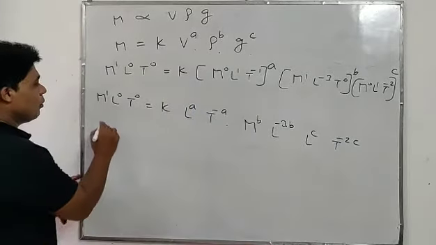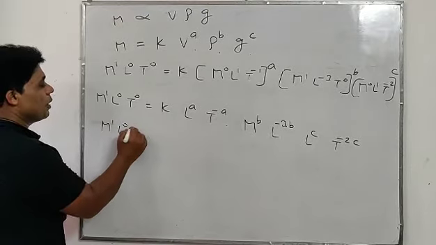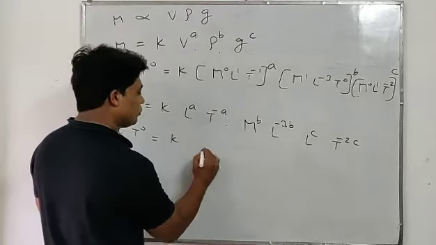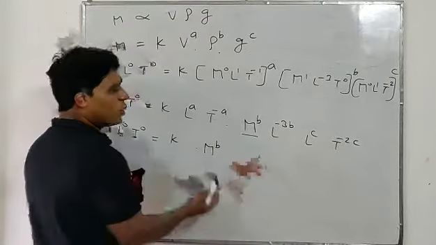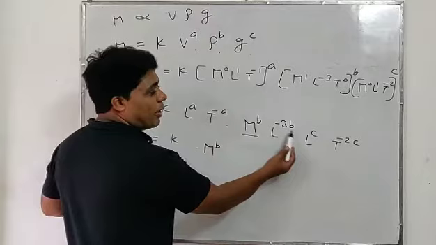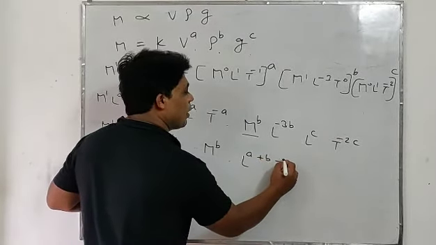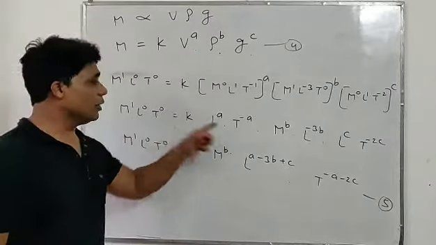What we did was just multiply with the powers. Now we know the concept: when the base is the same, the powers are added. First of all, solve M power b individually. This is done. Then L power a, L power minus 3b, L power c. So L power a plus c minus 3b, and T power in this equation.